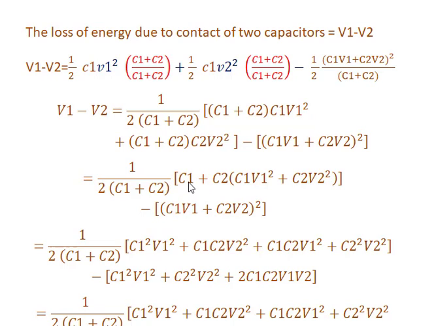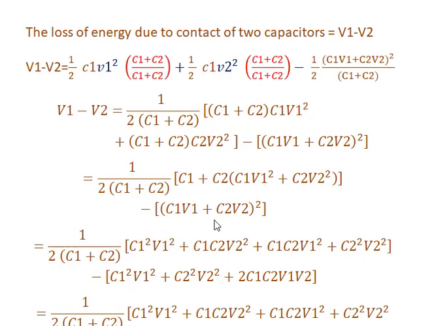This term is multiplied initially by this one, so C1 square V1 square, and then here C1 C2 V2 square. Next, this term is multiplied with this, so C1 C2 V1 square plus C2 square into V2 square.